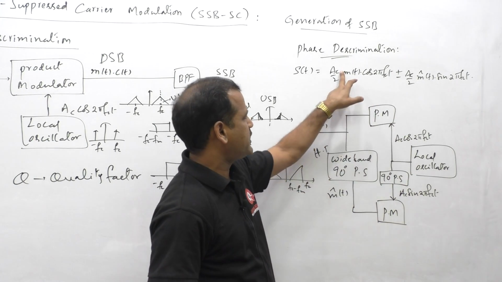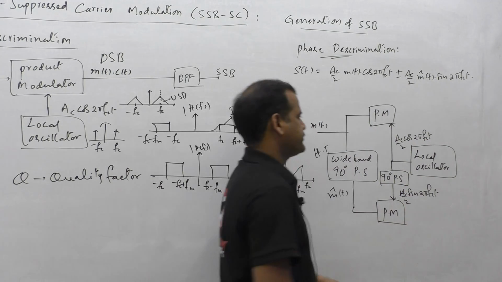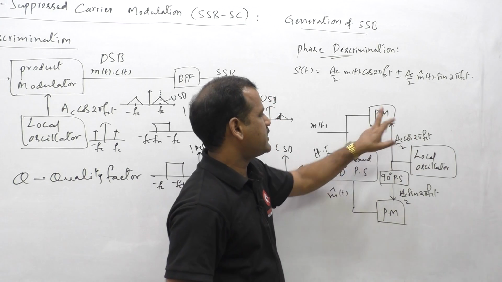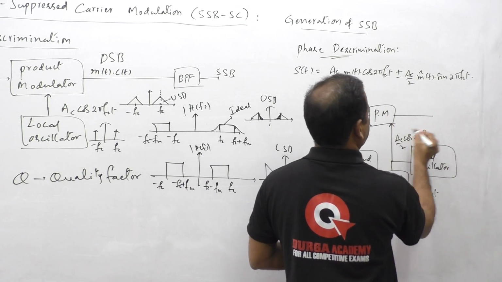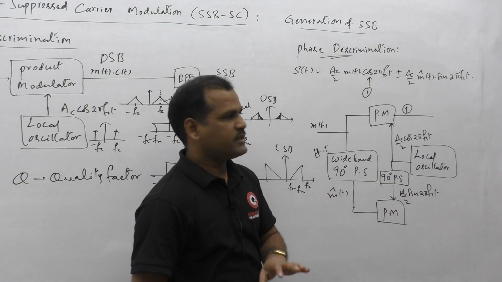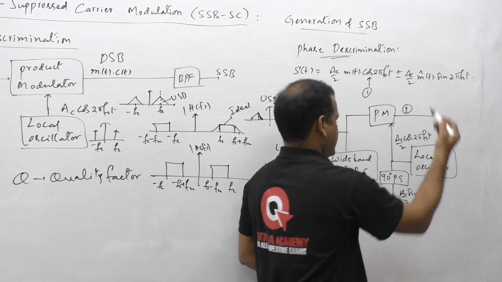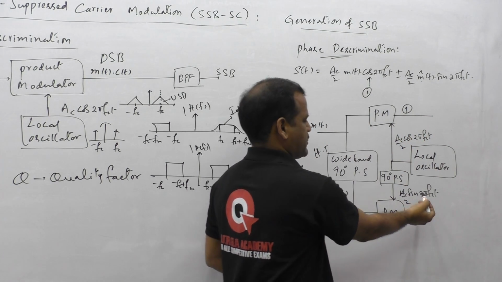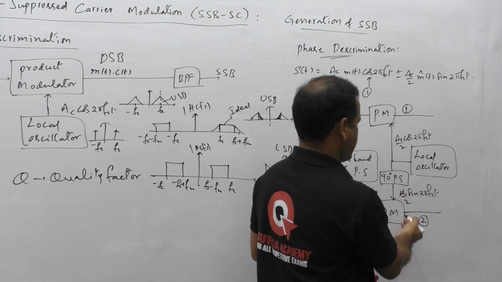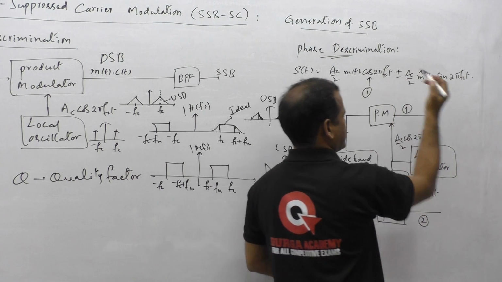Of course Ac by 2 is there, you can consider the required amplitude. Then m of t multiplied by Ac by 2 cos 2 pi fct is obtained at the output of this product modulator, which is the first term. And then for the second term, m cap of t is multiplied with sin 2 pi fct at the second product modulator, and these two are combined with plus or minus sign here.